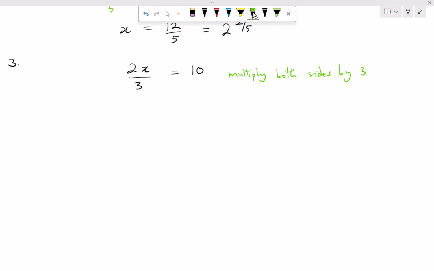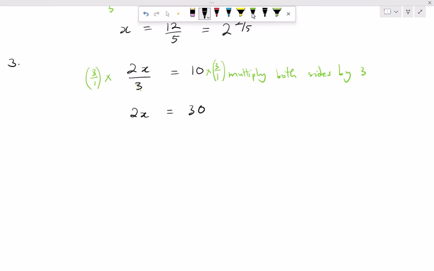We multiply this side by 3, and we also multiply this side by 3. Remember, what you do on the left, you also do on the right. If we do that, this 3 cancels out with this 3, and 10 times 3 becomes 30. So we end up with 2x is equal to 30.